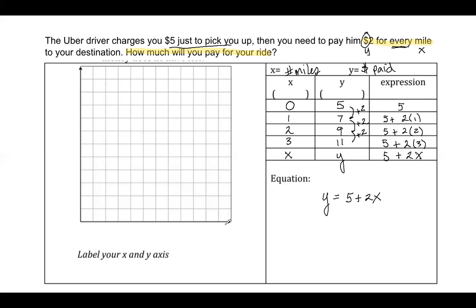And we can graph that equation. We'll label our axes here. So X is miles. Y is money paid. Let's see, I've got 0, 1, 2, 3 miles. And it looks like I have to go up to 11. I can just count by ones. You know what?